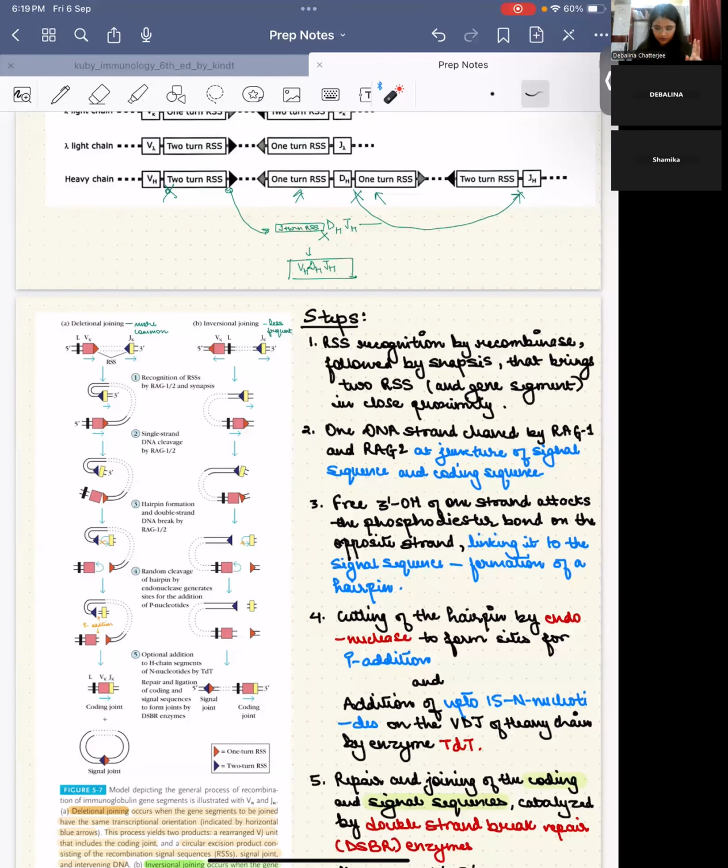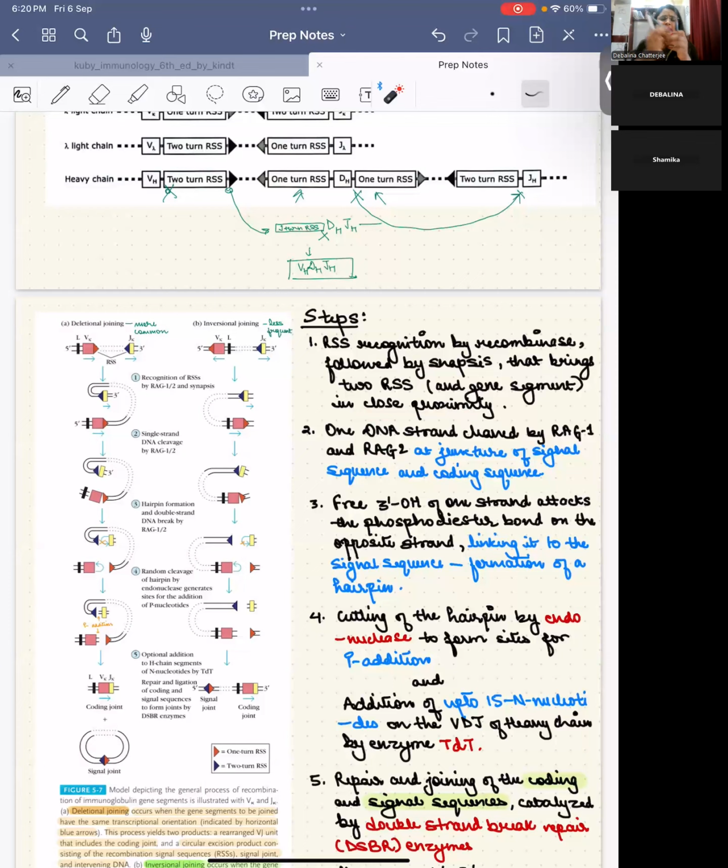We have RAG1, RAG2, which is going to bring these two RSS segments in a synapse in close proximity, and eventually, firstly, there's just going to be one strand which is cleaved by the RAG1 and RAG2 at the juncture of your signal and the coding sequence.